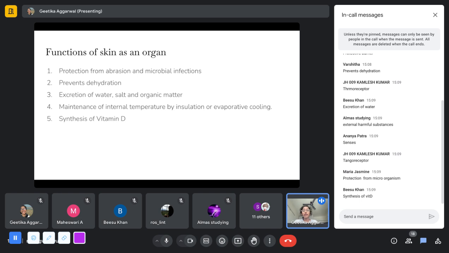And as you mentioned, it allows us to synthesize vitamin D by absorbing UV rays from the sun. The adipocytes present in the subcutaneous layer store various nutrients. So these are some functions of skin as an organ. And as you mentioned, it is a sensory organ, it is the largest organ of the body, and it is sensitive to stimuli.